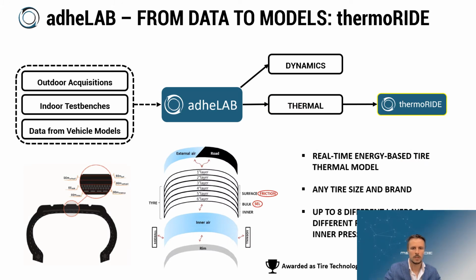Our thermal model consists of more than 6 layers along the thickness and takes into account the main thermal effects such as external convection, road conduction, and friction, the strain energy loss inside the bulk of the material that depends on the carcass characteristics, on the belt and the compound, the inner air, and finally the rim, which can also take into account the radiation of the disk or any other convective effects.